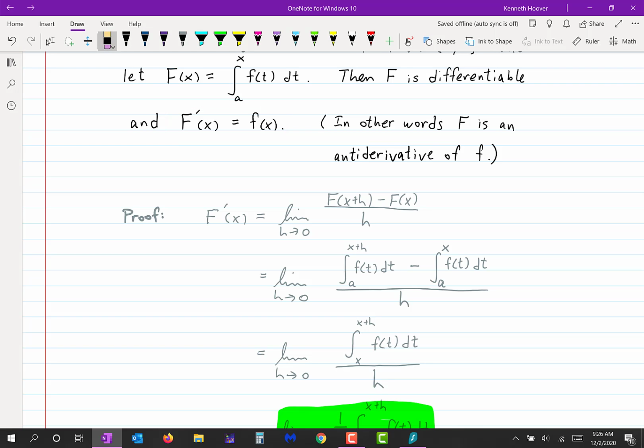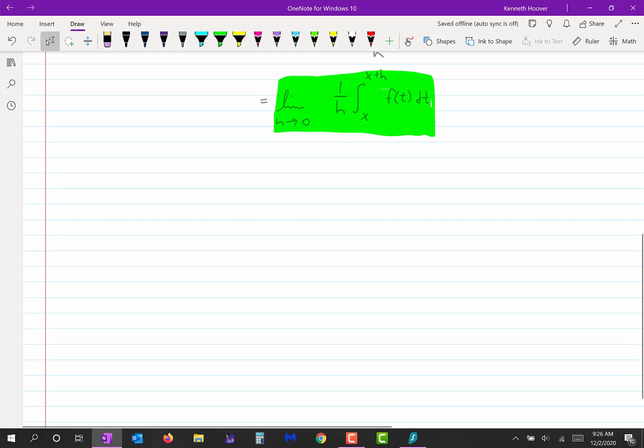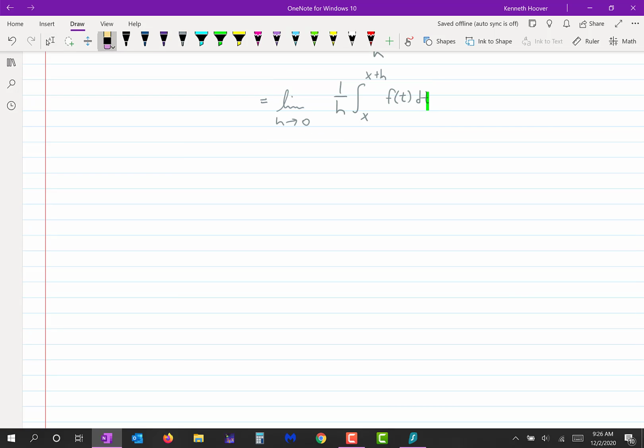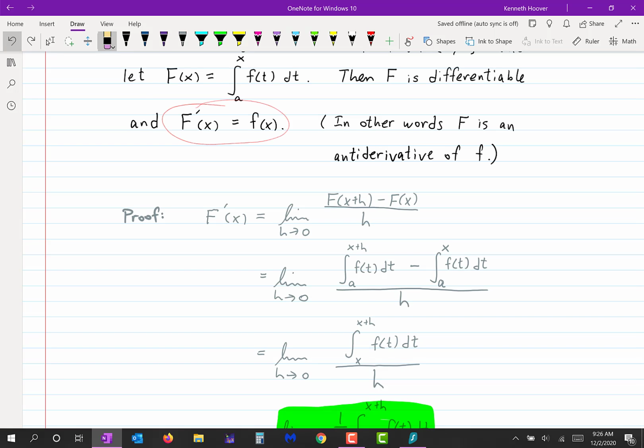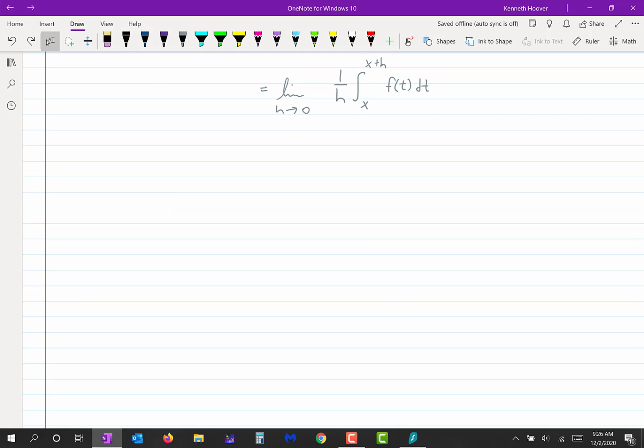Okay, so let's do this. Let's just scroll up so that we're only looking at that thing there where we left off. Now, how are we going to show that that limit equals little f of x? Okay, there we go. All right.